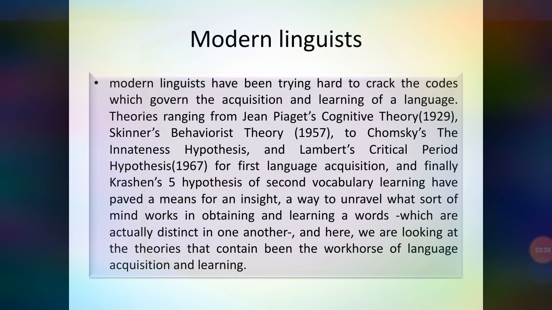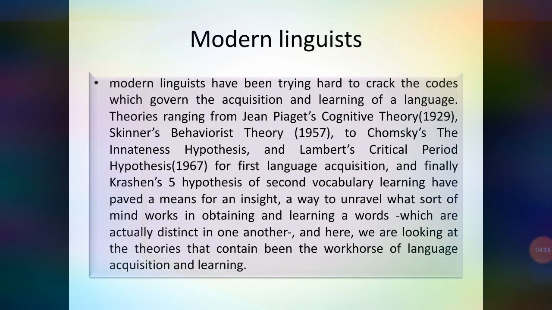Theories ranging from Jean Piaget's cognitive theory 1929, Skinner's behaviorist theory 1957, to Chomsky's innateness hypothesis and Lenneberg's critical period hypothesis 1967 for first language acquisition, and finally Krashen's five hypotheses of second language learning have paved a way for insight into how the mind works in obtaining and learning languages which are distinct from one another.